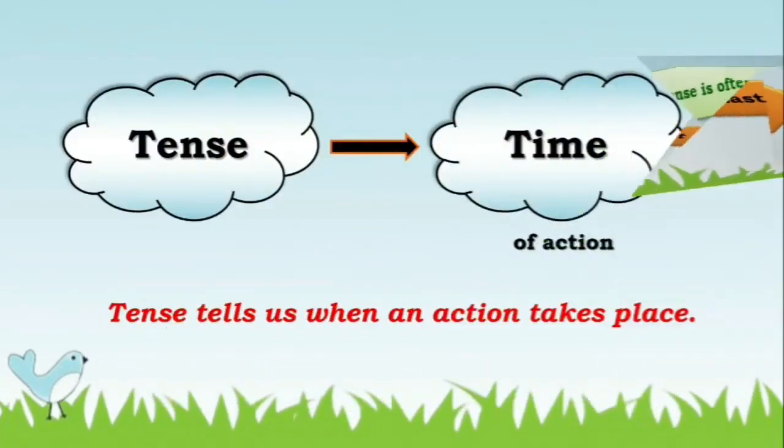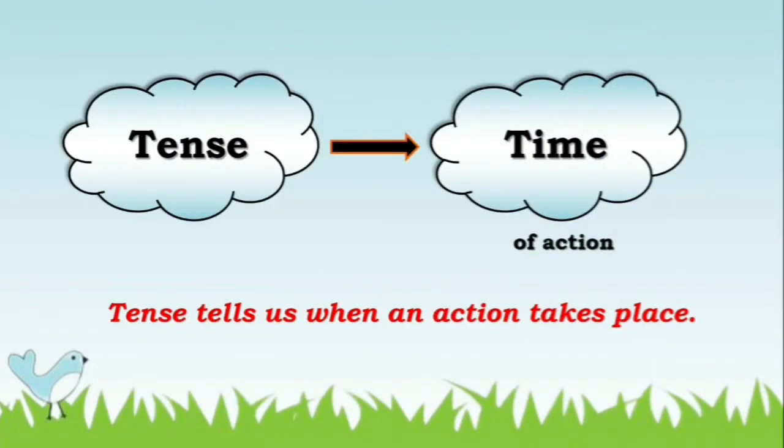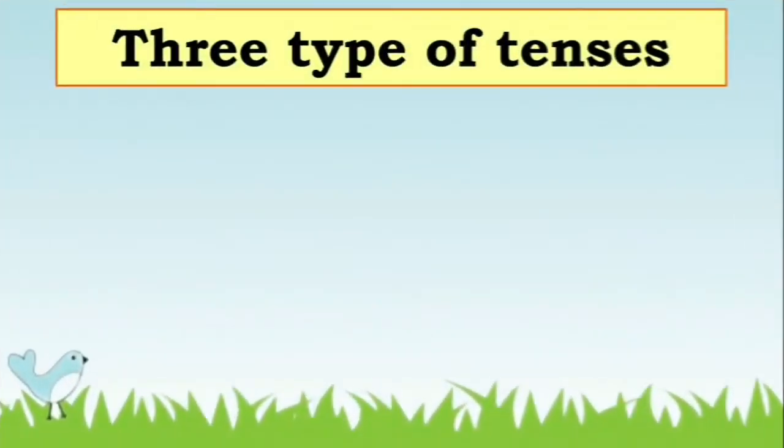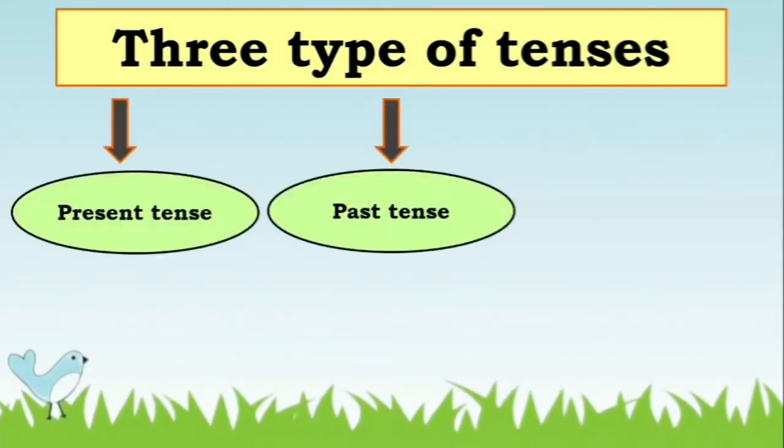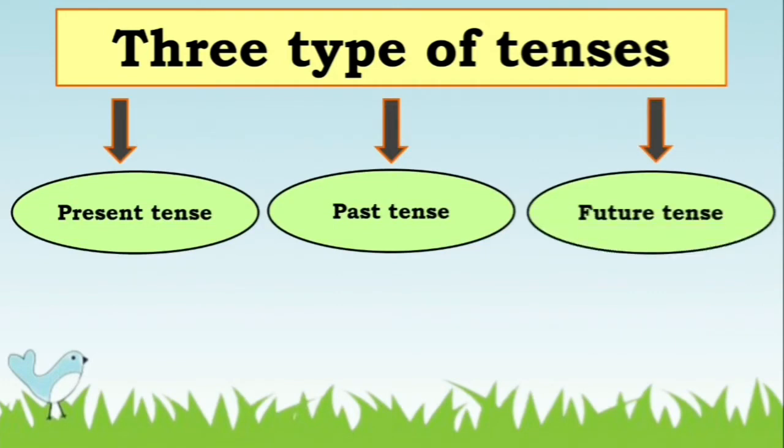Now children, we will just recall here. Tense means time of action. Tense tells us when an action takes place. Children, there are 3 types of tenses. Those are present tense, past tense, and future tense.